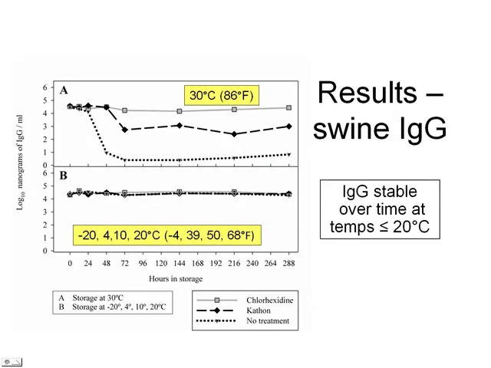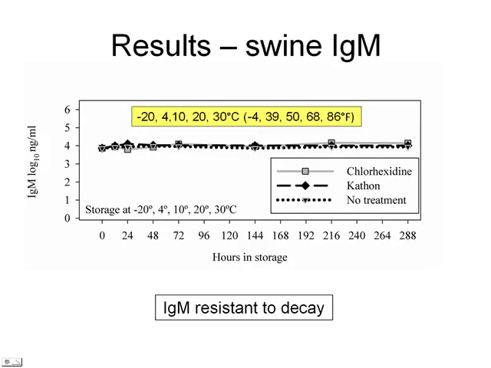IgG was similar. Again, in the warmer groups we lost some, and in the colder groups it was very stable. IgM is a notoriously resistant antibody anyhow, and that's what came out in this study. So basically at any temperature, the IgM was all stable.